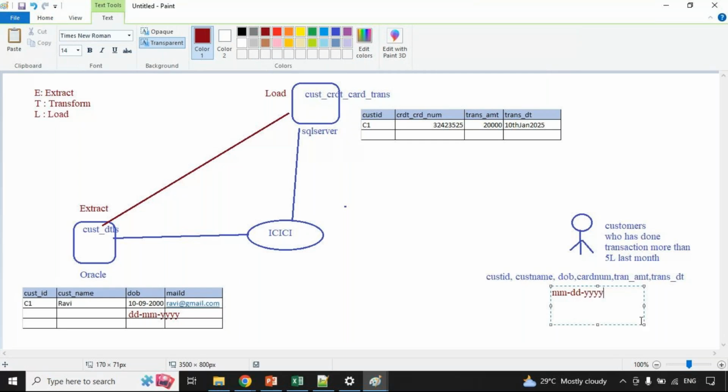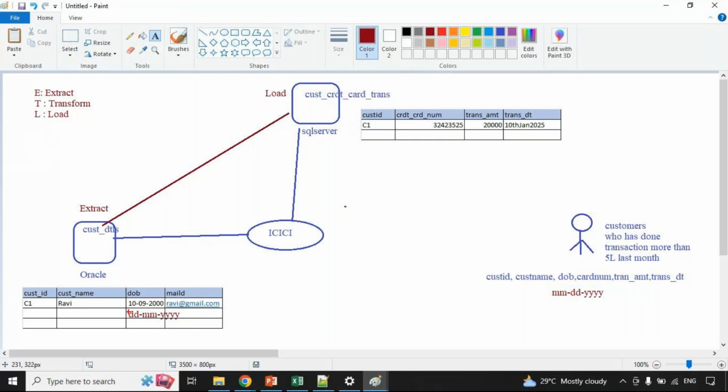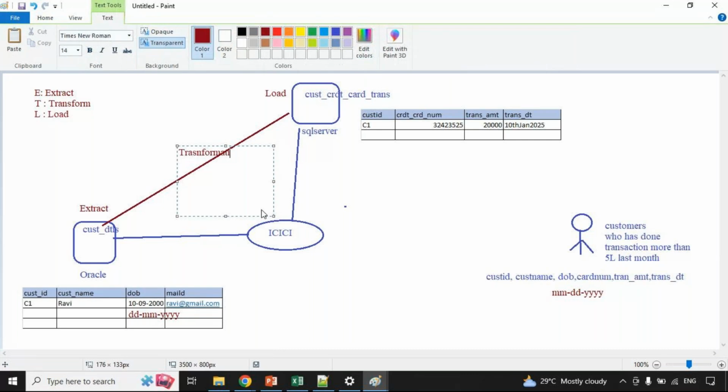So whatever the data, when you are moving into here, as per the requirement, we can apply the transformation. So here there is a transformation: convert a date of birth from DDMMYYYY to MMDD format.